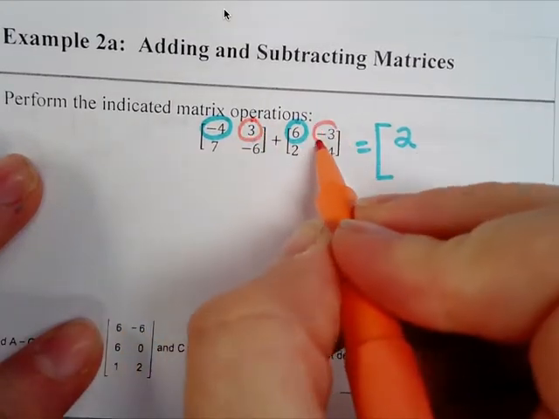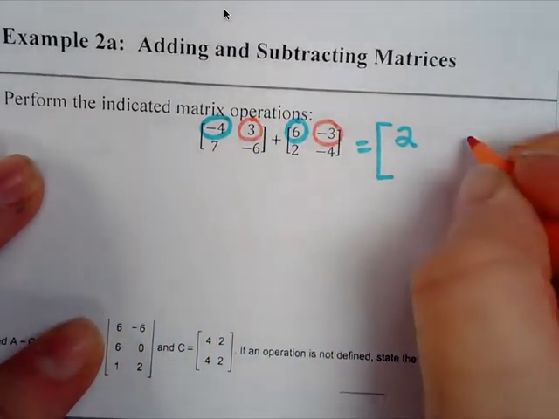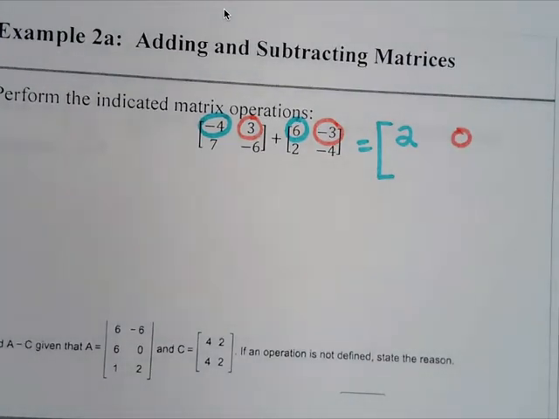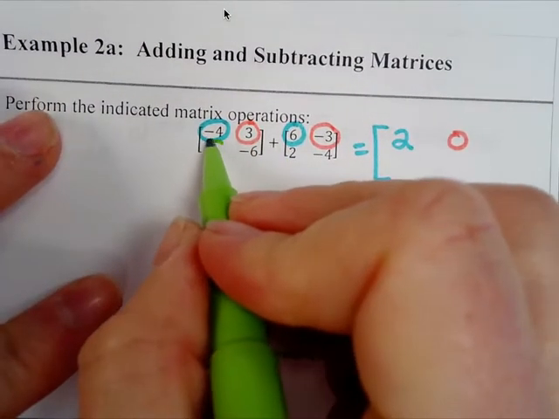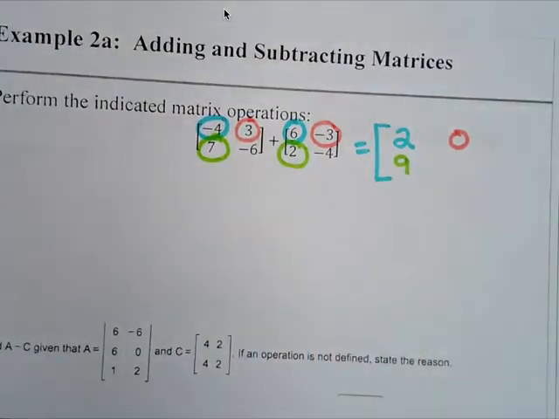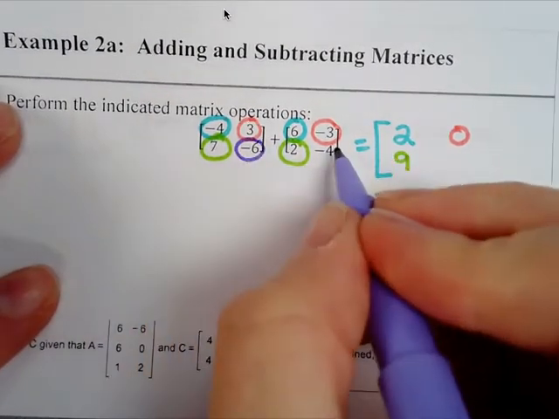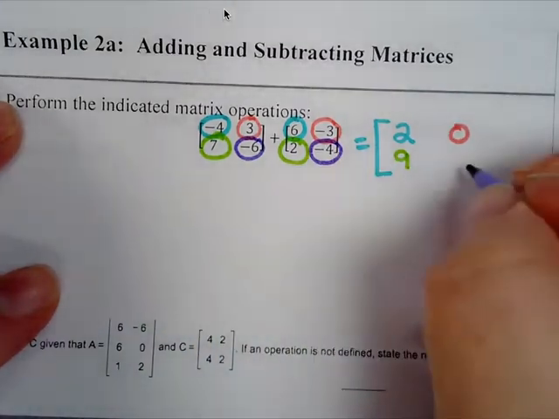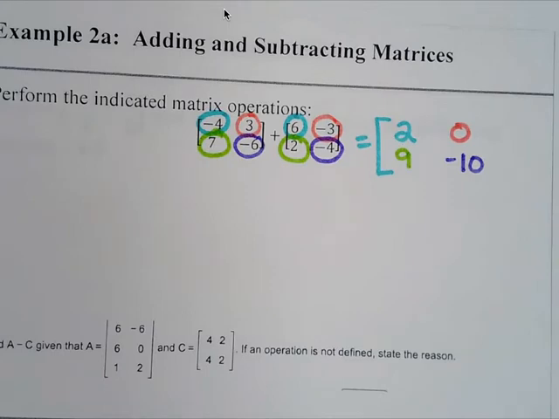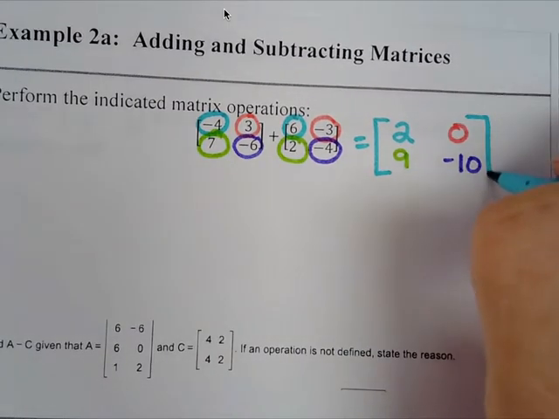Three plus a negative 3 is 0. 7 plus 2 is a 9. And negative 6 plus a negative 4 is negative 10. So you add corresponding entries.